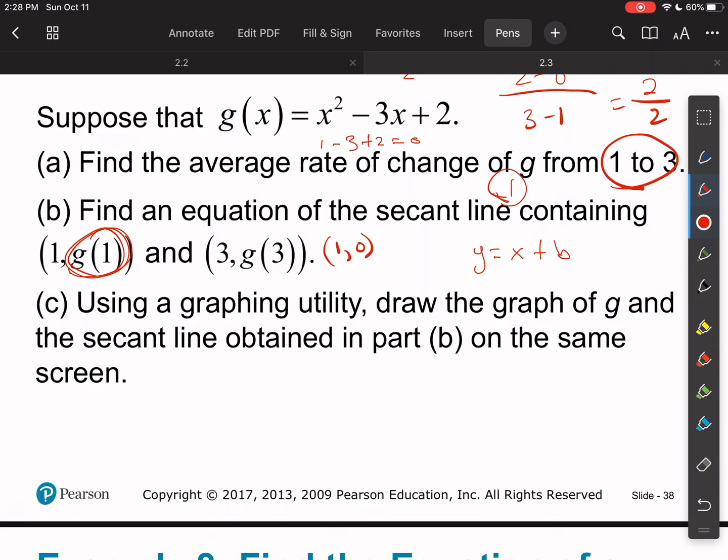I have y minus y1 equals m times x minus x1, where I know an x and a y. So this would be y minus my y1, which is 0, equals 1 times x minus x1, which is 1. So y minus 0 is just y. y equals x minus 1. So there's my equation for my line.